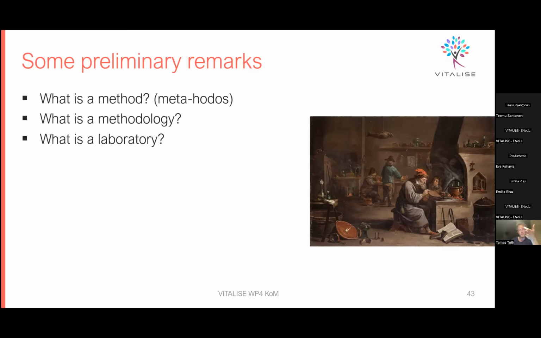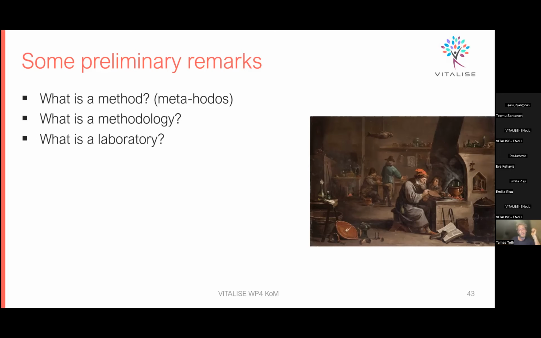So method is meta hodos, which, if you translate it, means something like in the midst of a journey. So by means of a journey that something might appear. So it is more about the journey than getting actually somewhere. It's not oriented towards a goal, but towards making something appear through a certain kind of exposition in the world. And so we create conditions where, we hope, something new might appear.